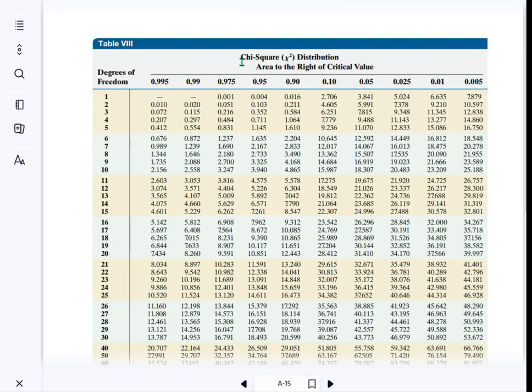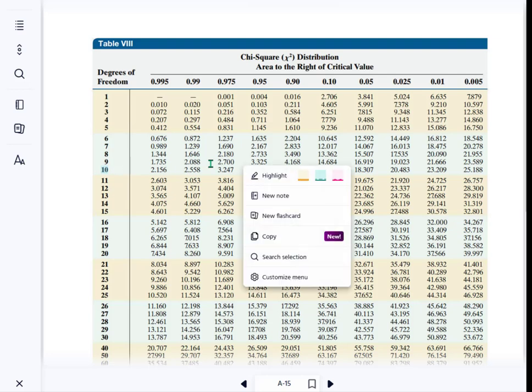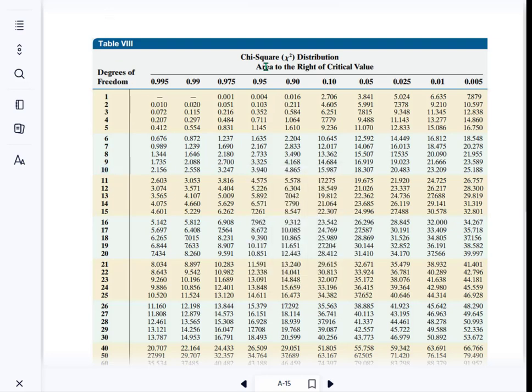Okay, so here is our chi-square distribution table, and this is where we're going to get our value from. We're going to look at our column for our degrees of freedom right here. We need 10, and then notice it says area to the right of the critical value, and we are doing a left-tailed test. So if we have a level of significance 0.05, then we have to say 1 minus that to get the area to the left.